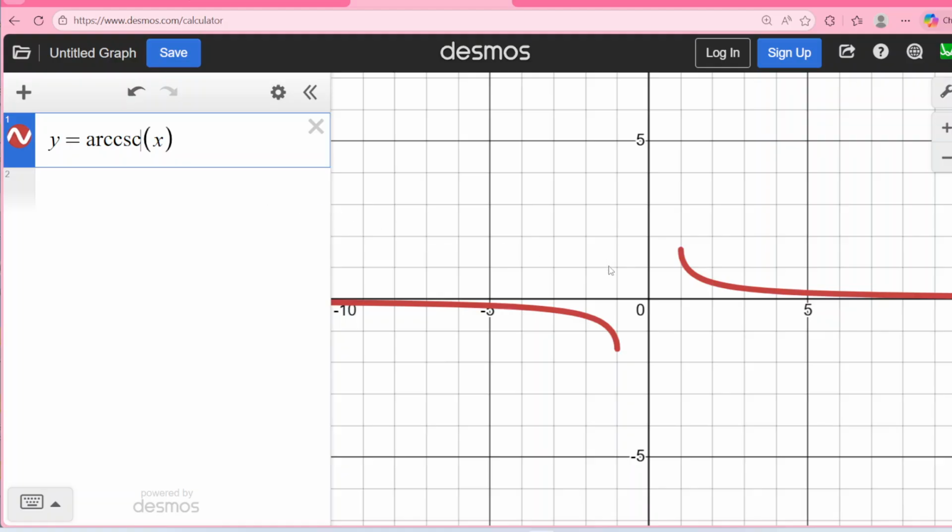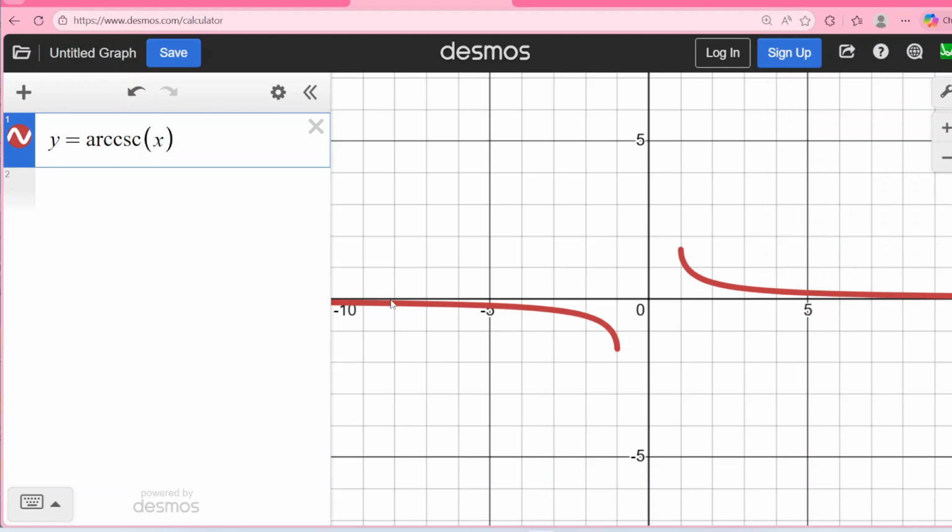See how the lowest point is at -1, negative pi over 2. So the lowest it goes is negative pi over 2, the highest point at 1, pi over 2. And notice it doesn't touch the x-axis. So the range, the angle measures I'll be looking at, are from negative pi over 2 to positive pi over 2, but not 0.